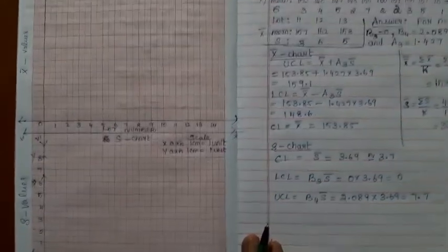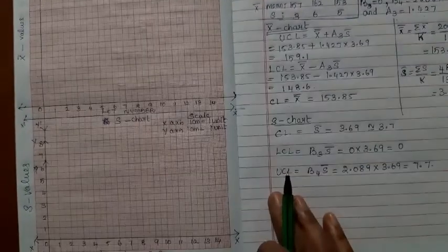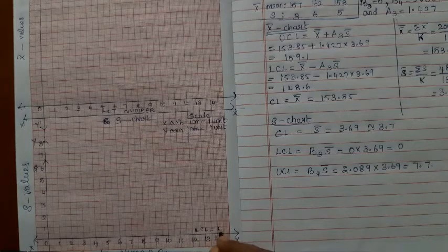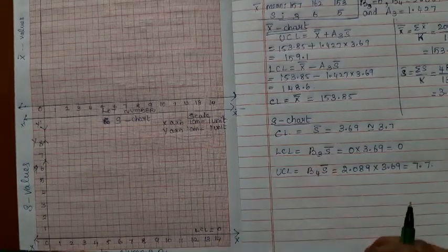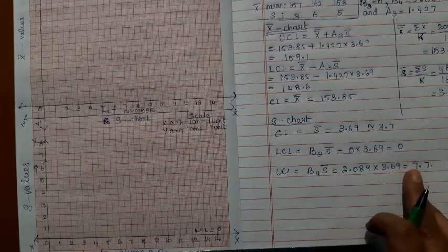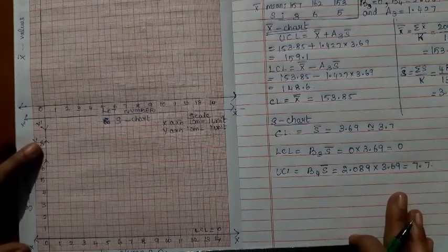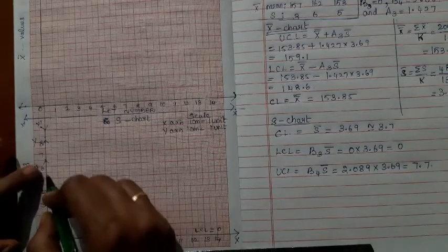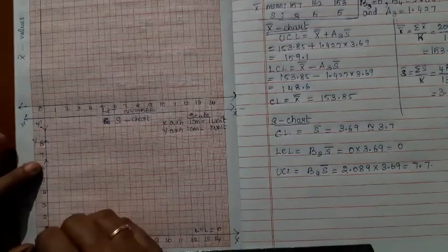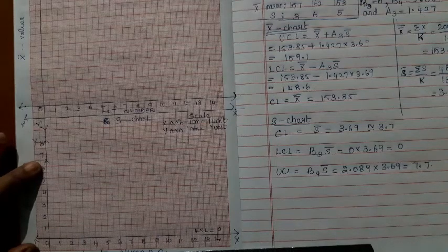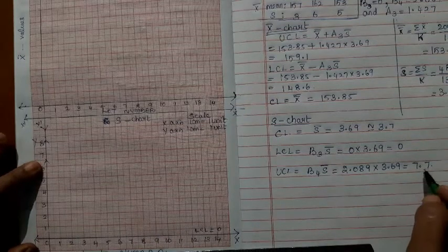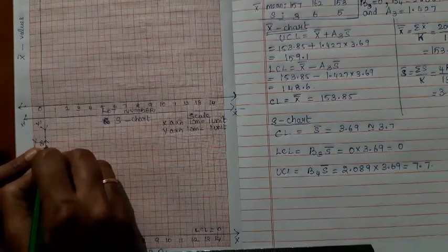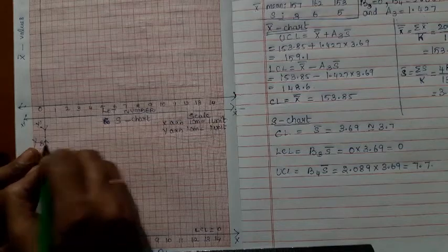Let us see what values are to be plotted. First of all, let us draw the control lines. This is the lower control limit, which is 0 for the S chart. The upper control limit is 7.7. Since I have taken whole numbers here, I go up to 1 decimal place. Keep this clue in your mind: if you have up to 1 decimal place here, round up to 2 decimal places. So 7.7: 7 is here, and 0.7 is 7.5, 7.6, 7.7.